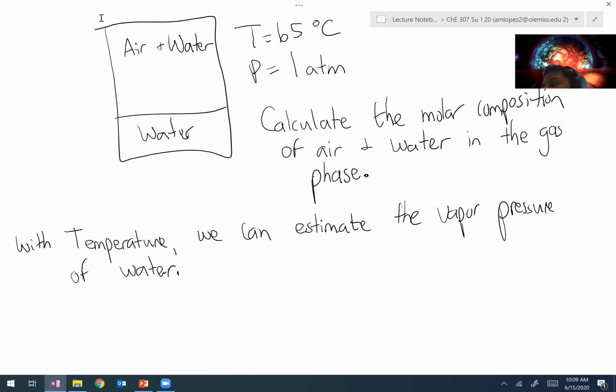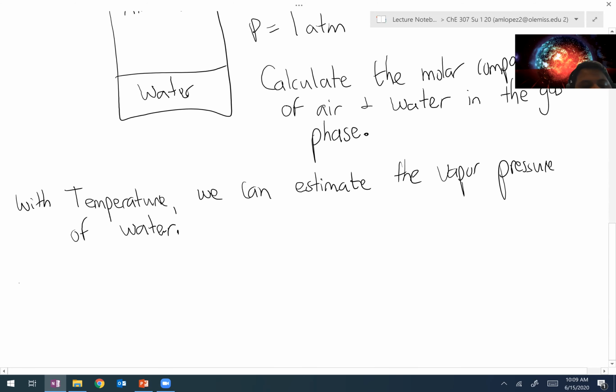But we need to know some information to find the composition, and that's where the pressure comes in.